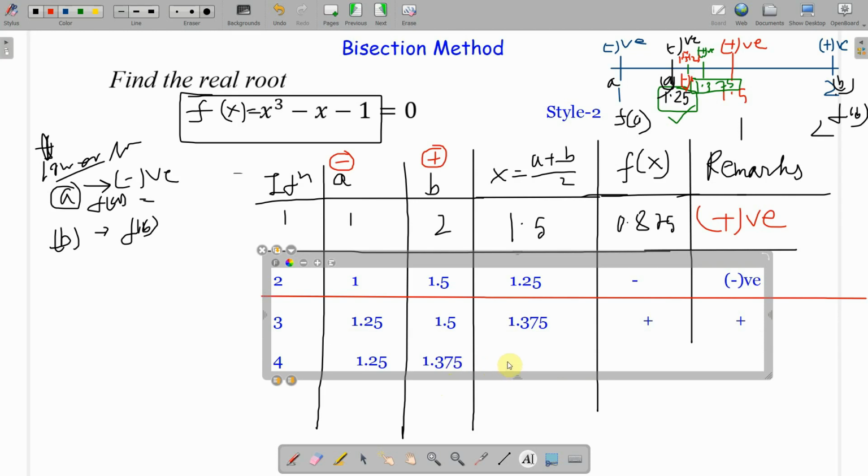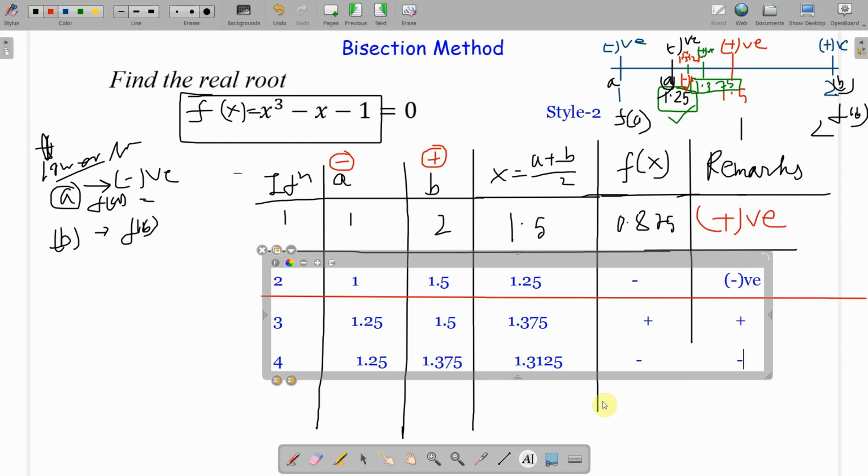1.375, meaning you don't have to think anything. If positive came, change the positive point, update it. Update the positive point, that means the b point, with the latest x value. Okay, and how much was this x4 coming? 1.3125, and we did calculate and it was coming negative, so it will be negative.